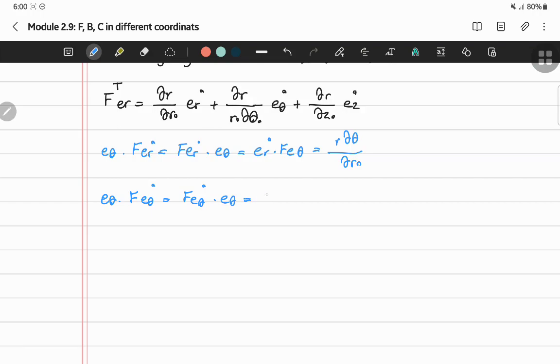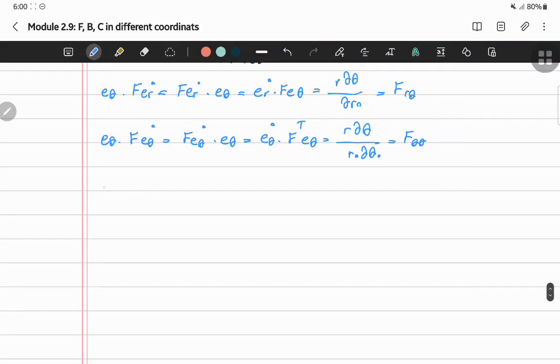So now this can be written as E theta dot F transpose E theta, R partial derivative of theta with respect to R0, partial theta. This one is F R theta. This one is F theta theta.